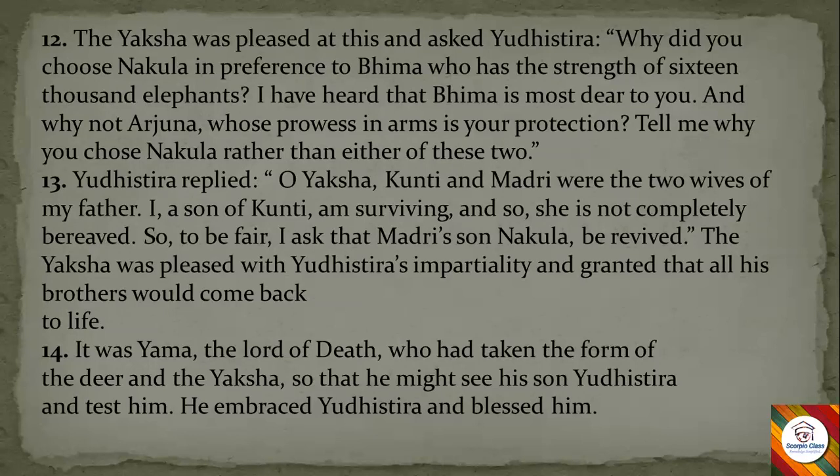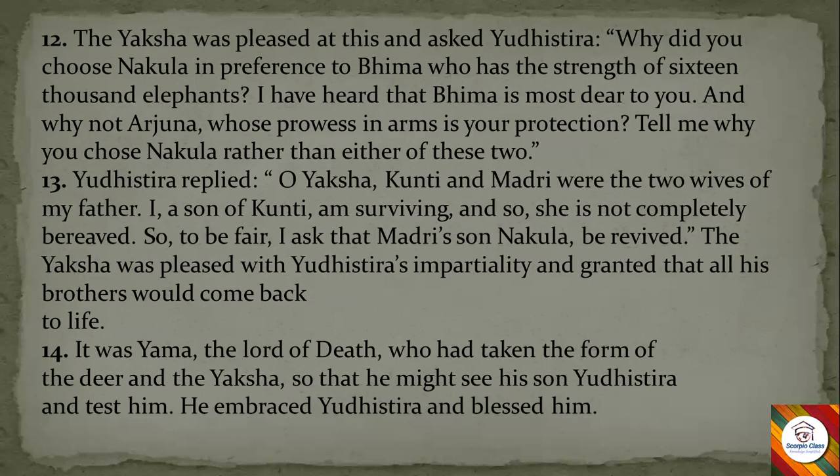Listening to this reply, Yudhishthira was very happy, and it was Yama, the Lord of Death, who had taken the form of the deer and the Yaksha, so that he might see his son Yudhishthira and test him. He embraced Yudhishthira and blessed him. So who was this Yama? He was the Lord of Death. He had taken the form of the deer behind whom they were going.